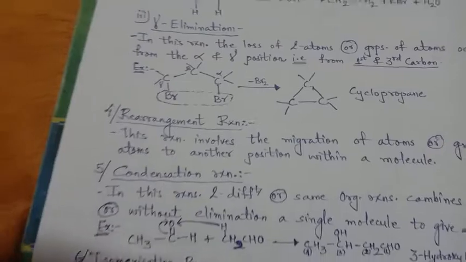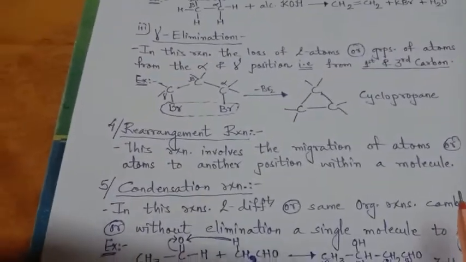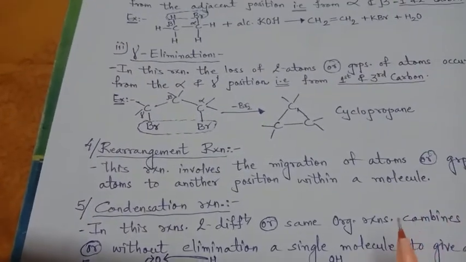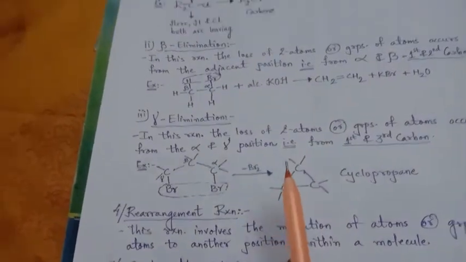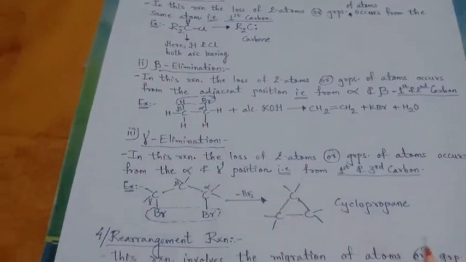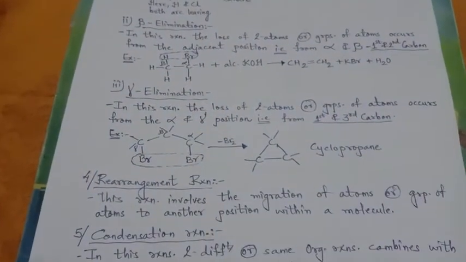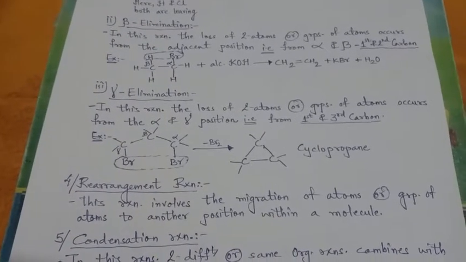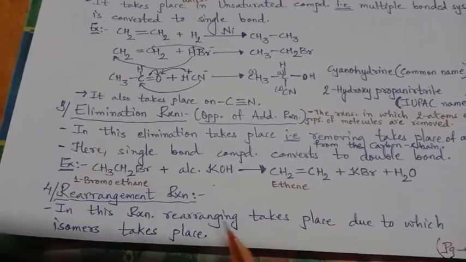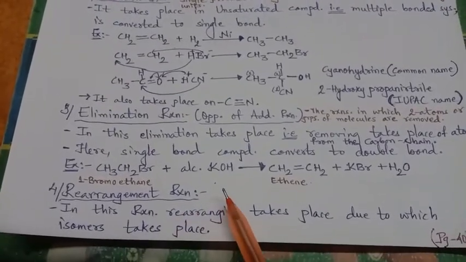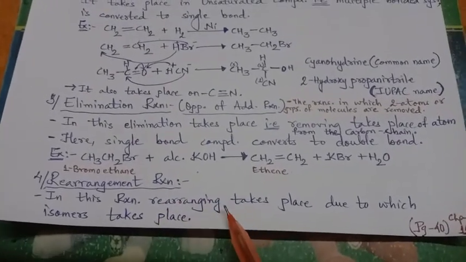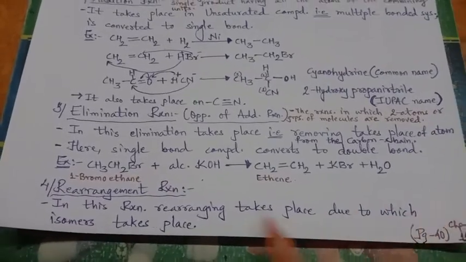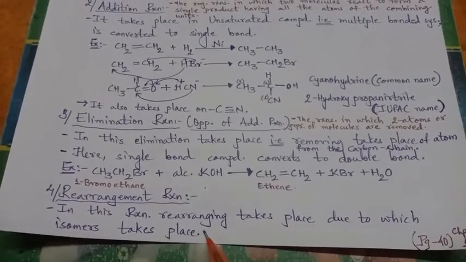So the types of elimination reaction are three, which are alpha, beta and gamma, right? And now let us see the fourth reaction, that is the rearrangement reaction. In this reaction, rearranging takes place due to which isomers occur.